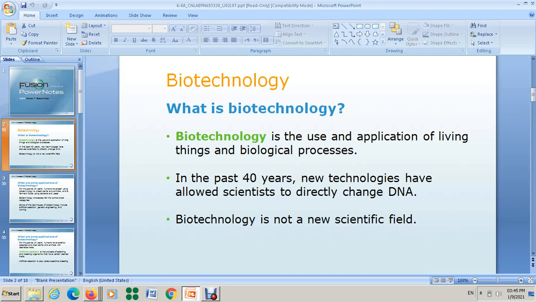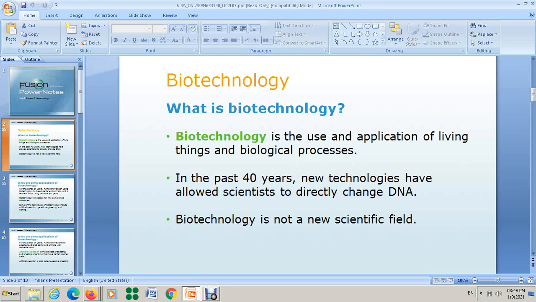For forensic scientists, they find hair, or sweat, or sometimes blood. They use this to make copies of DNA, right?